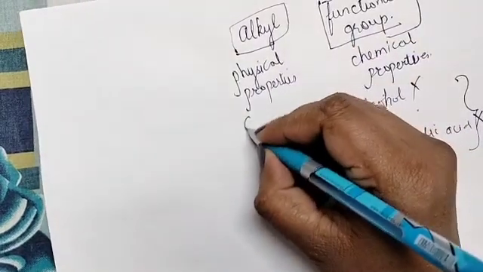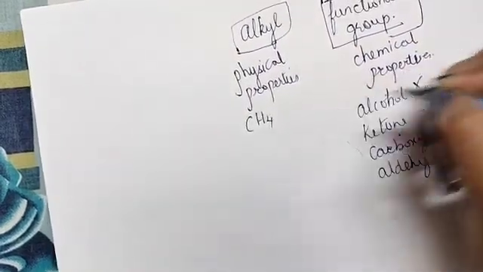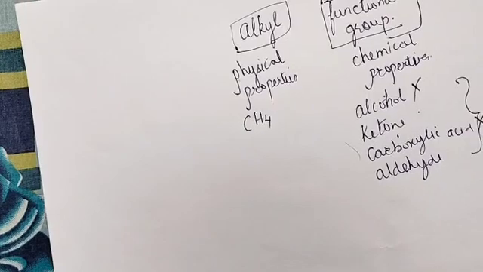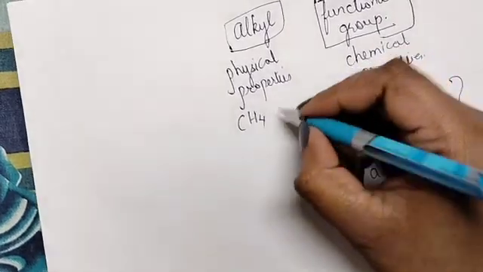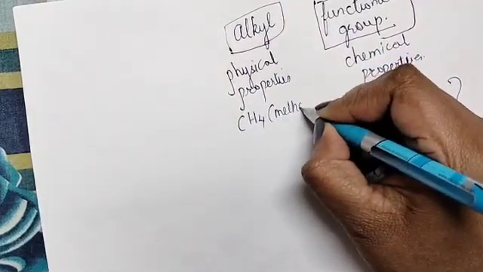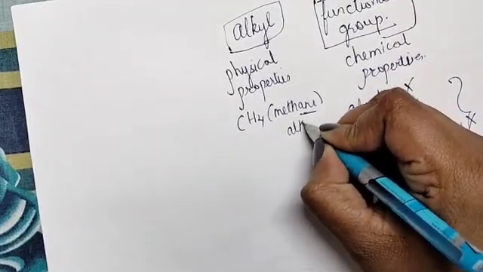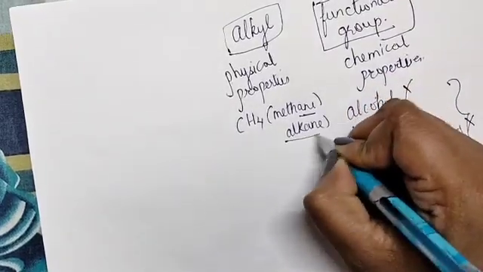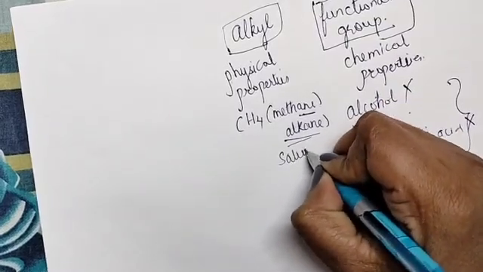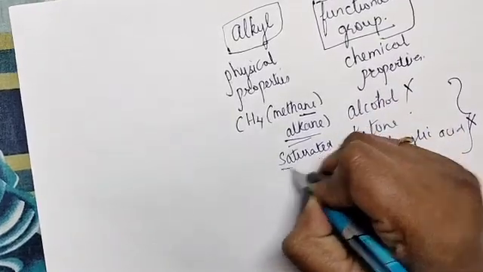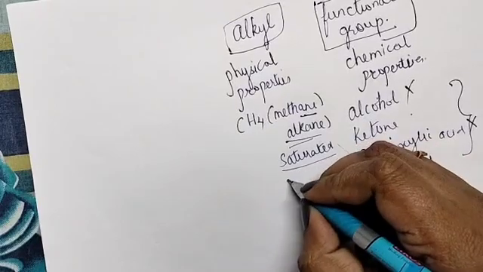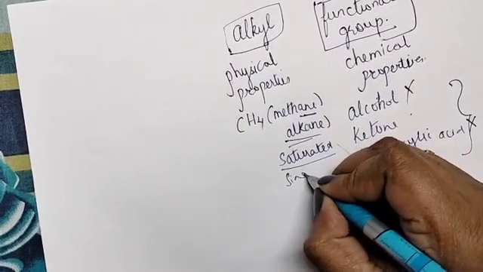And what are they? So you have the very first member of the hydrocarbon, CH4, which is methane. We all know this is methane. And when I say ane, we have learned this. Ane means they belong to the alkane group. They are saturated compounds, hydrocarbons, and they all have single bonds.